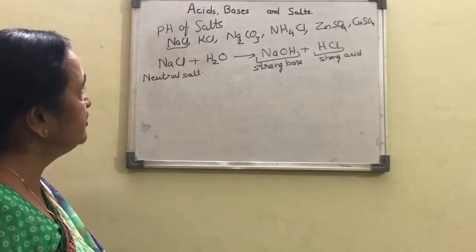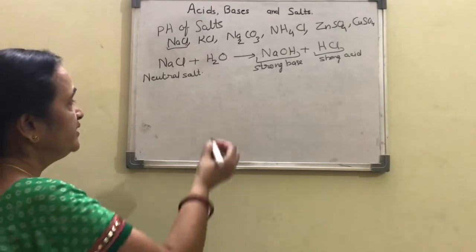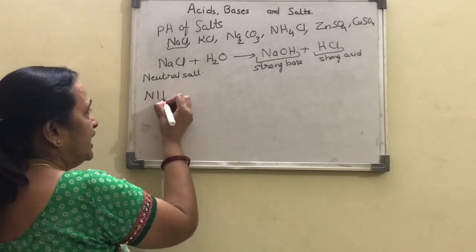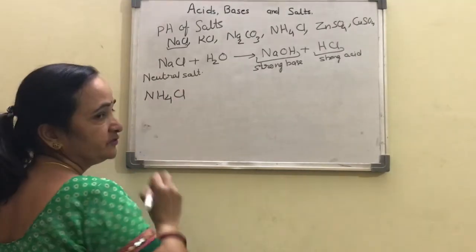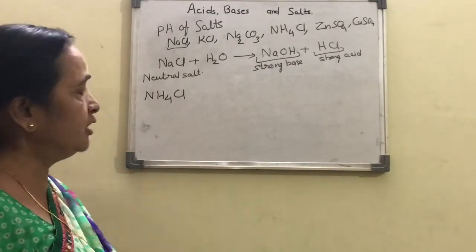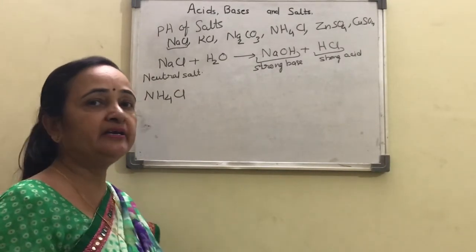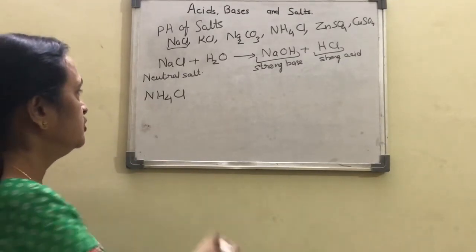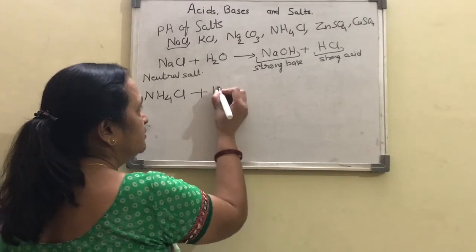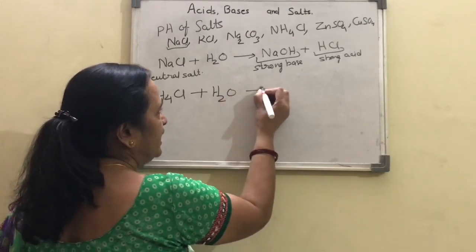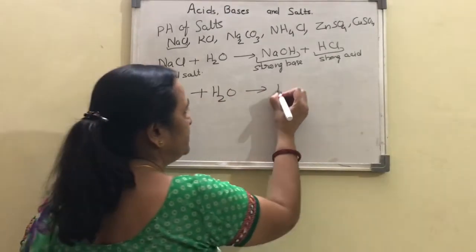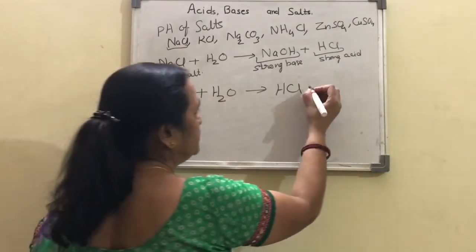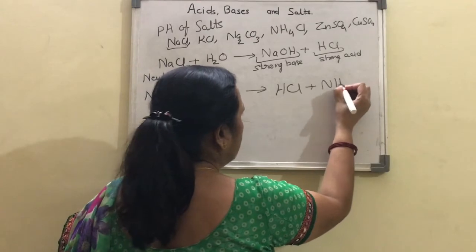Now suppose we take another example, like NH4Cl. We have to find out whether ammonium chloride is an acidic, basic or neutral salt. Again, a simple method: we use distilled water, and the products formed are hydrochloric acid and NH4OH.